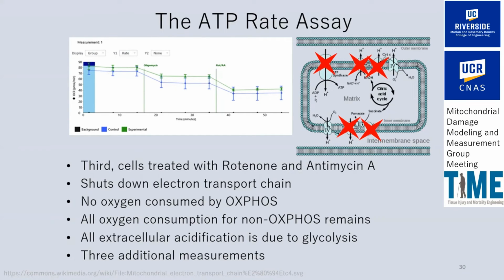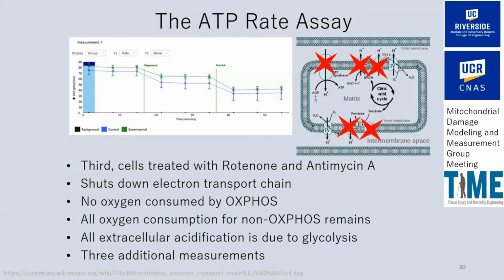So although pH is being measured this whole time, because carbon dioxide acidifies the media the cells are in, you're not going to be able to know necessarily how much of that acidification is from glycolysis versus oxidative phosphorylation producing carbon dioxide.